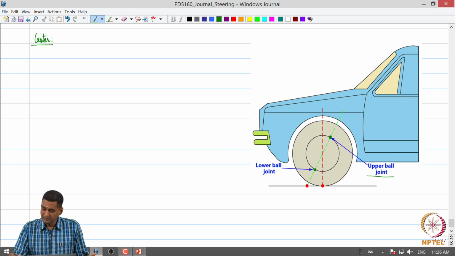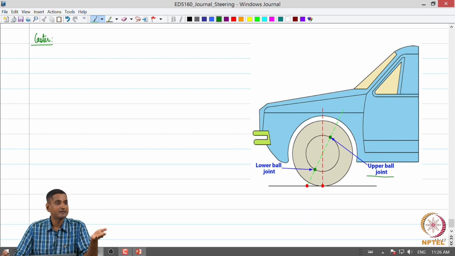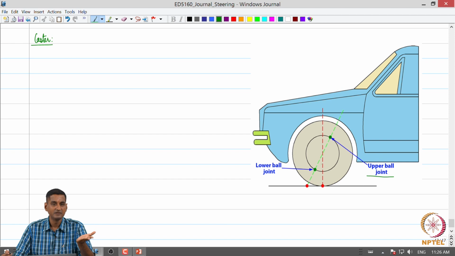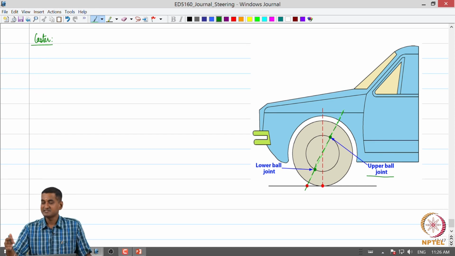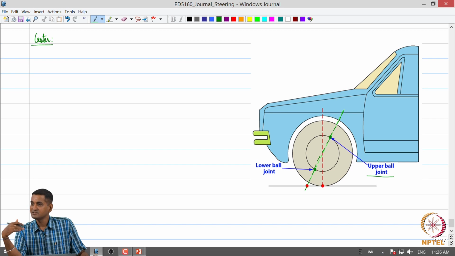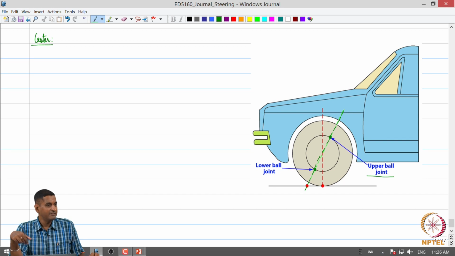There is also a lower ball joint, which we will come to when we look at suspensions, where depending on the type of suspension you may have a control arm or a wishbone. If we draw a line passing through these two ball joints, it is the axis about which the wheel is going to be steered.